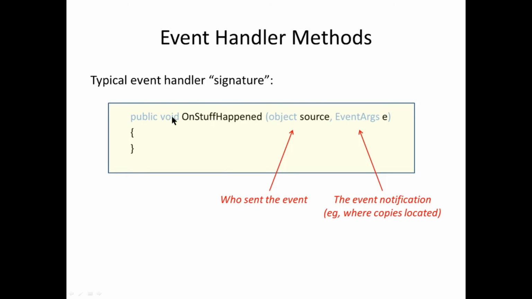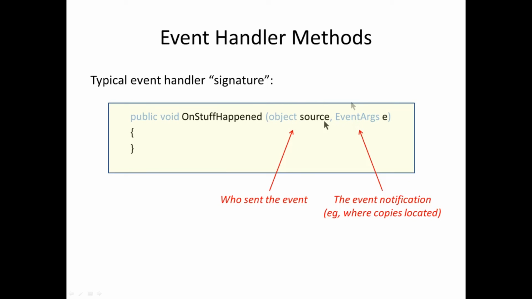We said it's not going to return anything, but it's going to take two types of information. One is the event. We said it's going to take an event. It might also take information about who sent the event. Remember I said he will say, okay, Joe, this is Joe. I completed the task. And I might also tell you, if you want to pick up the copies, you've got to go to the table near the water cooler.